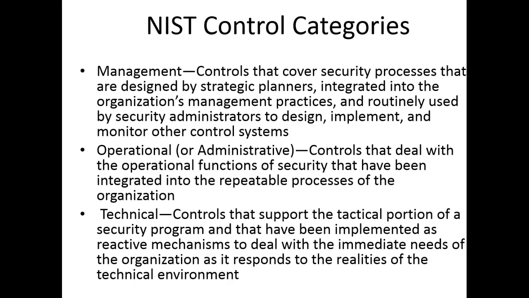They are routinely used by security administrators to design, implement, and monitor other control systems. The second one is operational control, which deals with the operational functions of security that have been integrated into the repeatable processes of the organization.